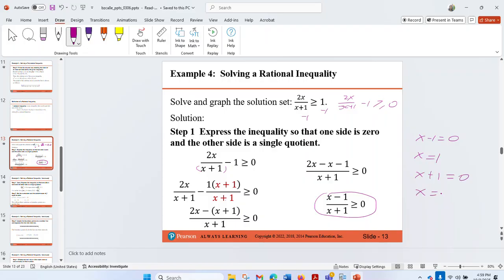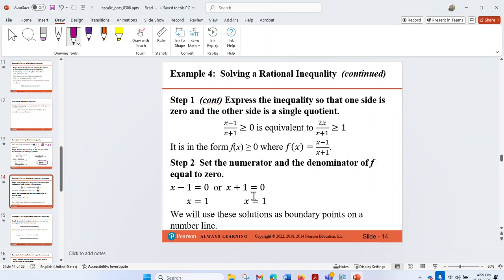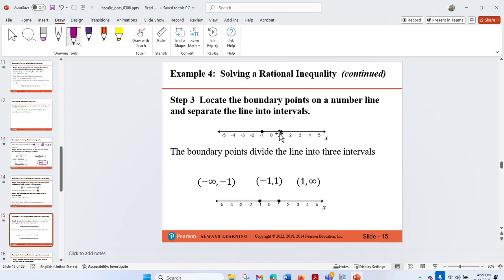So 1 and negative 1 are considered the critical points or boundary points. We have 2 boundary points here, 1 and negative 1. This is going to separate the whole thing into 3 intervals: interval 1, interval 2, and interval 3, from 1 to infinity.